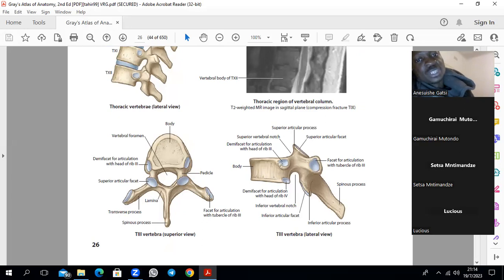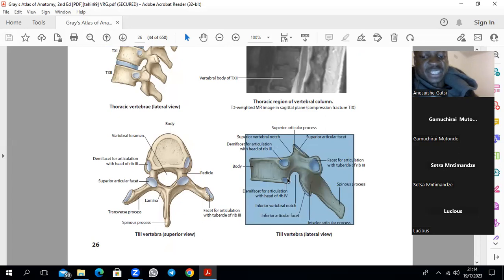I think I'd say that the upper facet looks bigger than the smaller facet. It will make sense when you do the ribs. Without prerequisite knowledge of what the ribs do and how they articulate with your vertebral column, it's hard to just say the upper facet is larger and the smaller one is the inferior one.